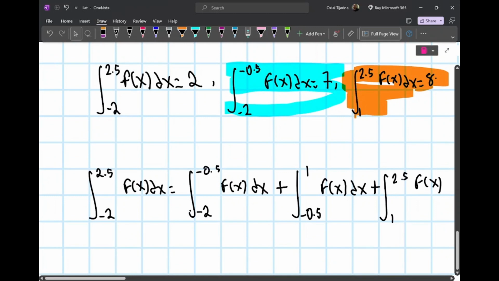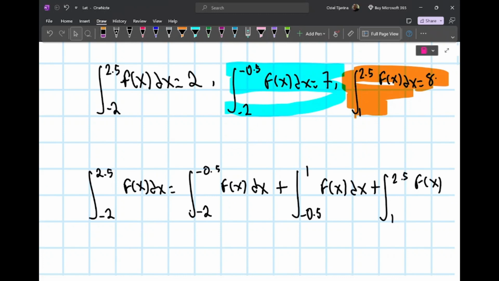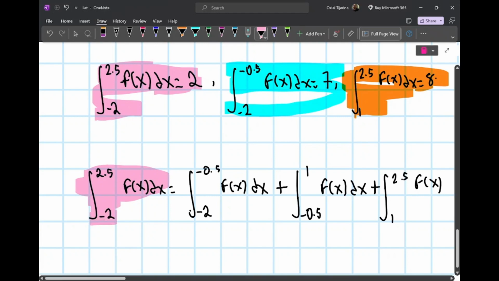This one is going to go like this. For the integral from -2 to 2.5 of f of x dx, we know that's 2, so that goes in for this. And then from -2 to -0.5, we know we have this going on.